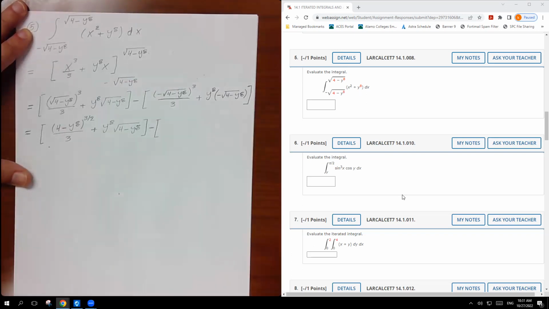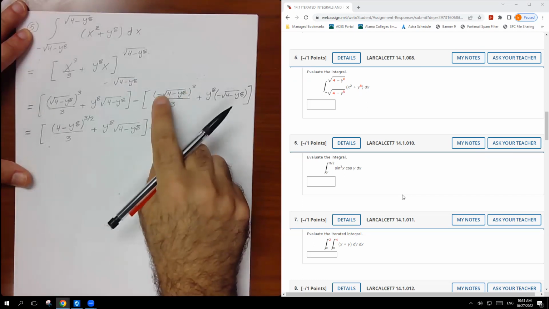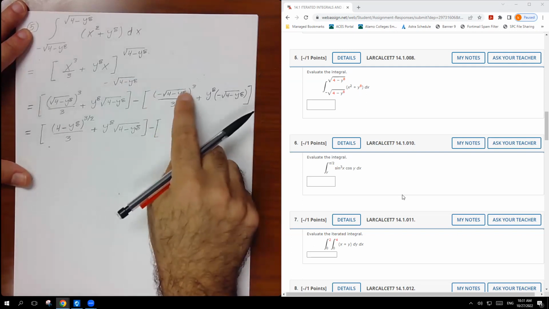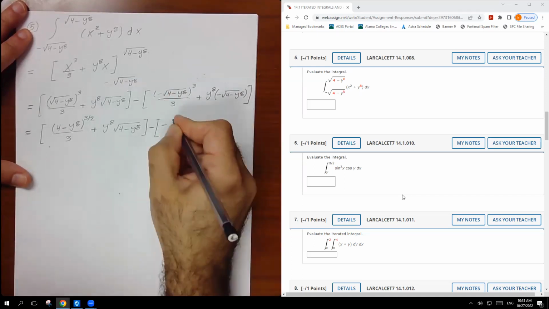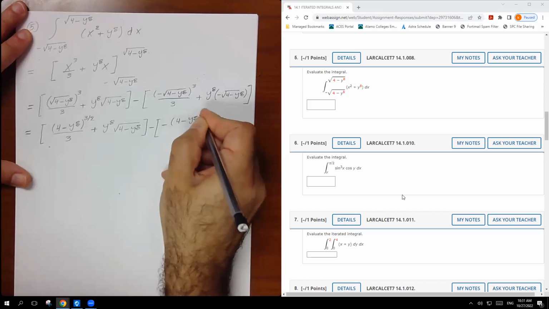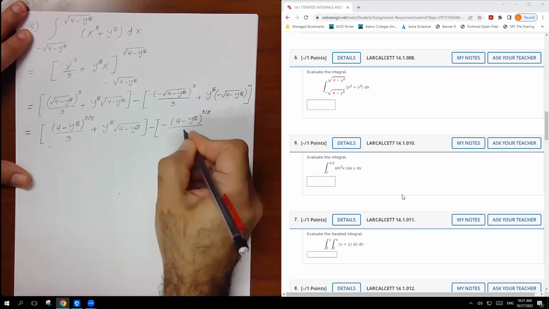This one is a cube. So everything cubed, that means negative times negative times negative. So it's going to be negative. So I'm going to take the negative out and write down the left here as negative 4 minus y to the power 8, to the 3 over 2, and everything divided by 3.